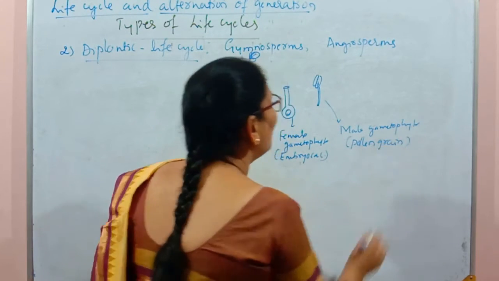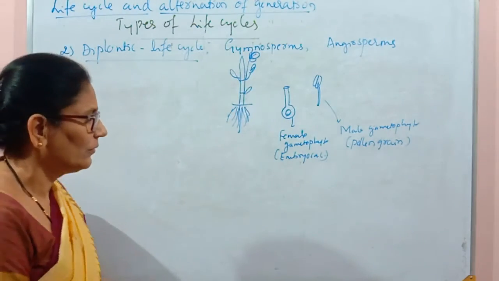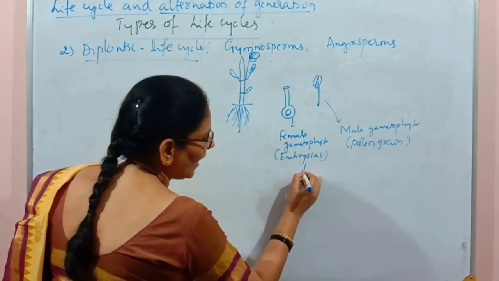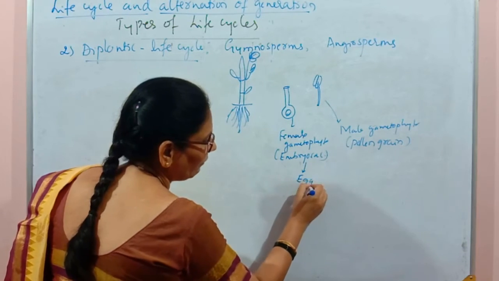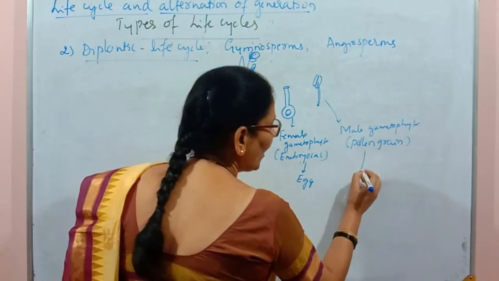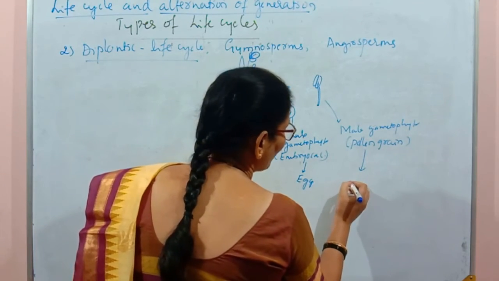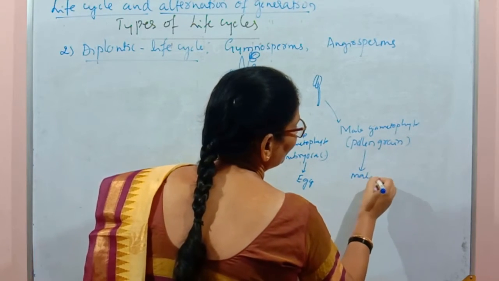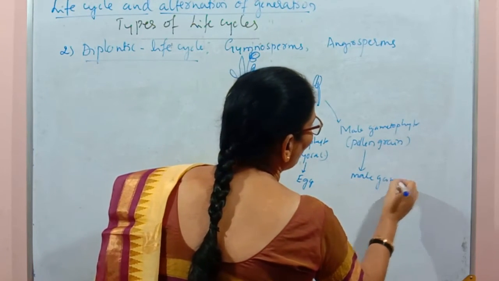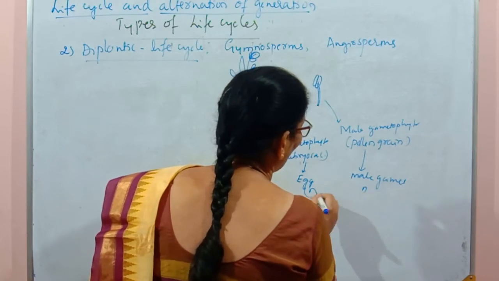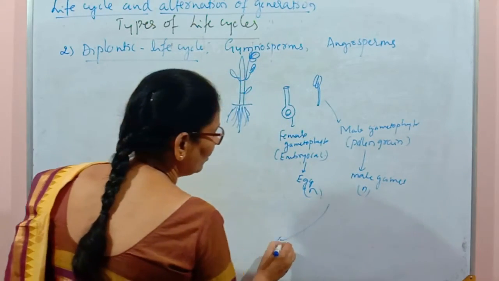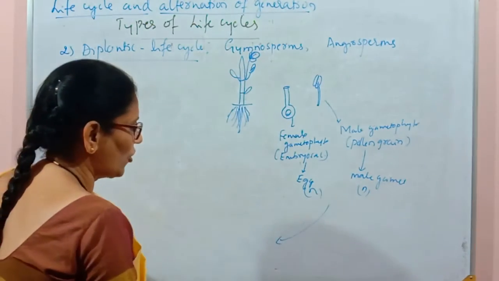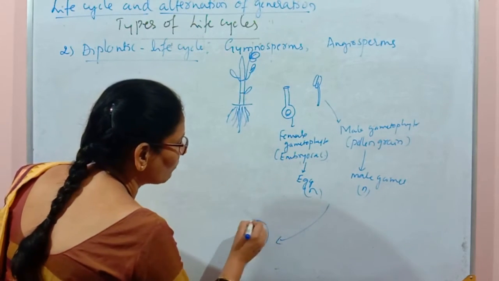Pollen grain is the male gametophyte. The embryo sac has the egg, which is called the female gamete, and the pollen grain has the male gamete. And by fusion of these two haploid male and female gametes during syngamy or fertilization, the zygote is formed.